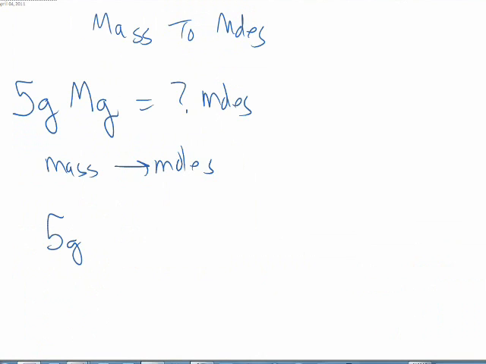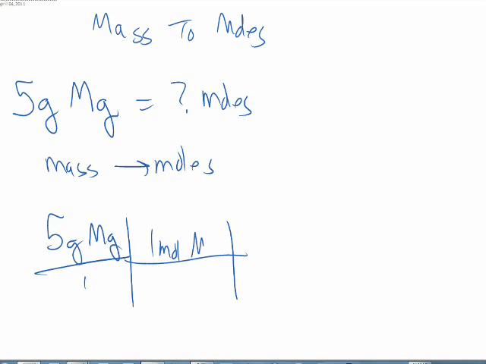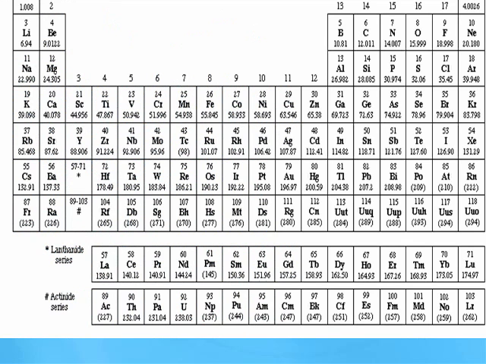So we have 5 grams of magnesium over 1. Multiply it by the molar mass of magnesium. So 1 mole of magnesium, how much does that weigh? If we look at the periodic table, the mass of magnesium is 24.